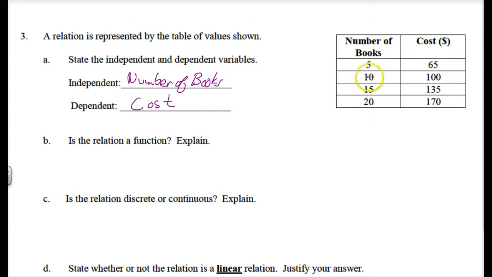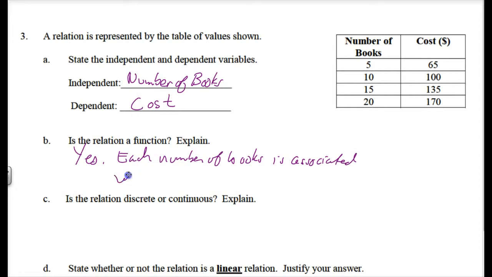Each element of the domain goes to only one element of the range, so yes. Each number of books is associated with only one cost.